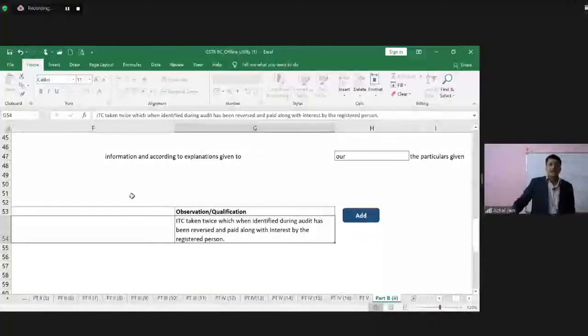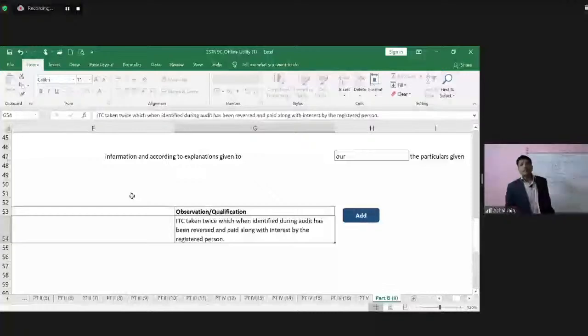ITC taken twice, which when identified during audit has been reversed and paid along with interest by the registered person. Registered person means the entity which is subject to the GST audit. So they are saying ITC was taken twice, and because this was taken twice, the interest is payable on that because it was a mistake.